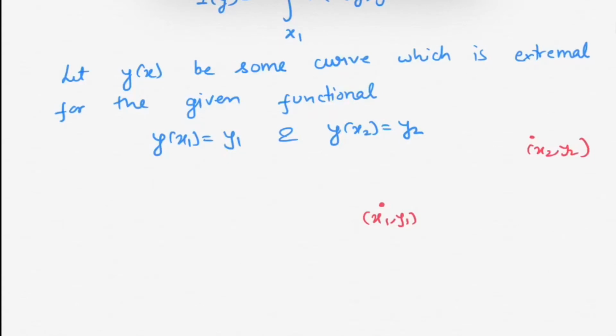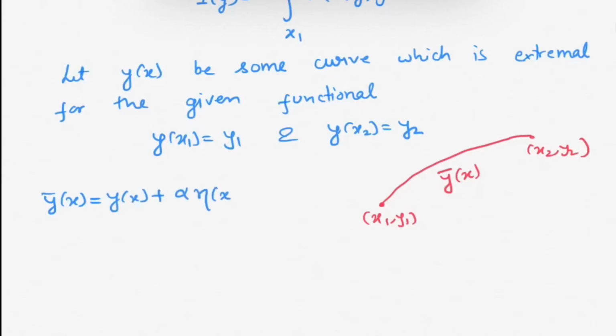This family of curves is denoted by y bar of x, and it is given by y bar of x equals y of x plus alpha times eta of x.